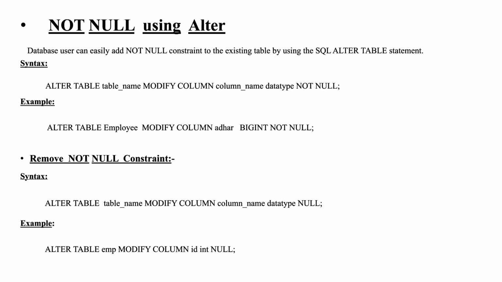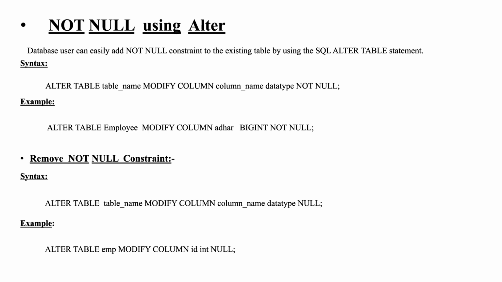Syntax: alter table, table name, modify column, column name, data type not null, semicolon. Example: alter table employee modify column Aadhaar bigint not null, semicolon.